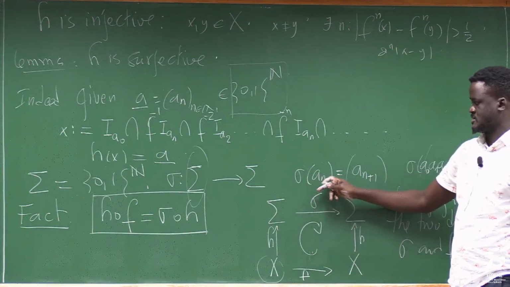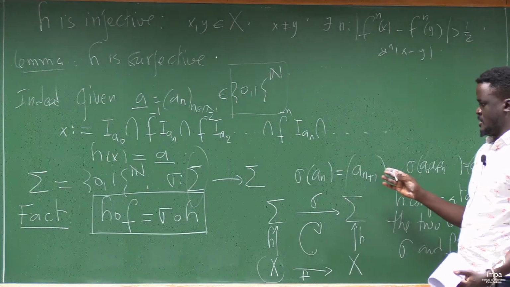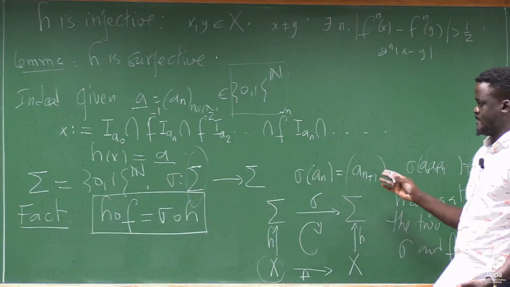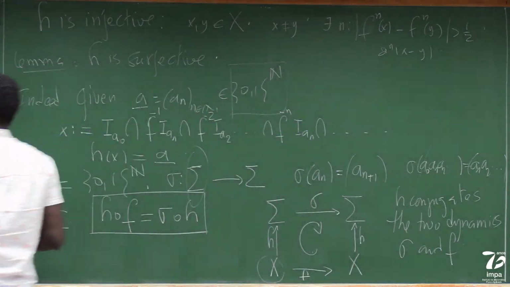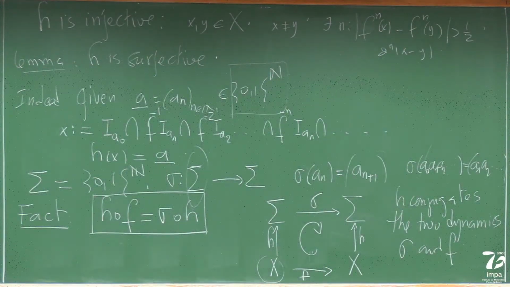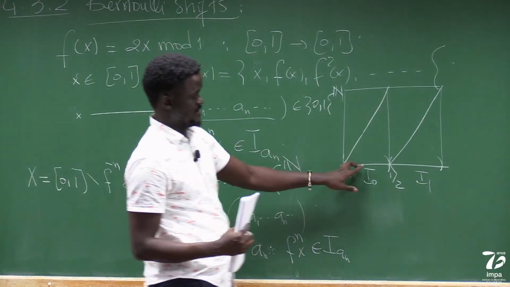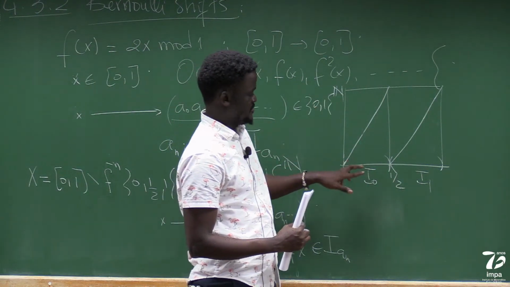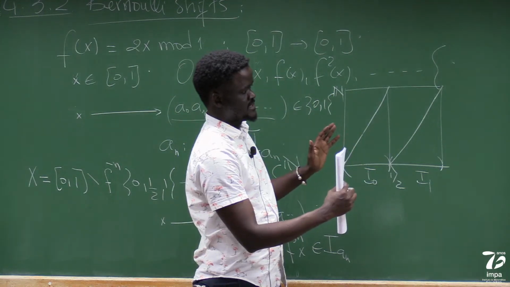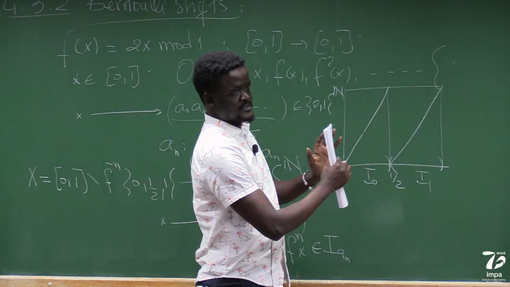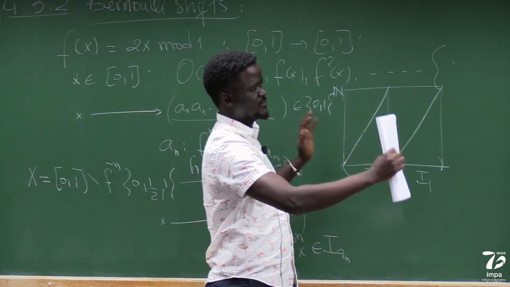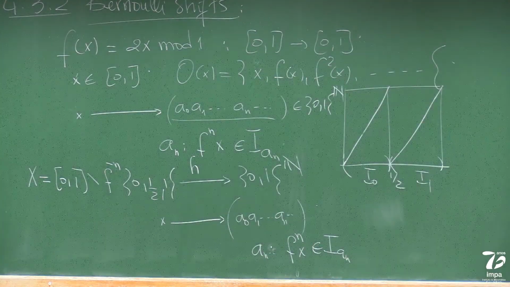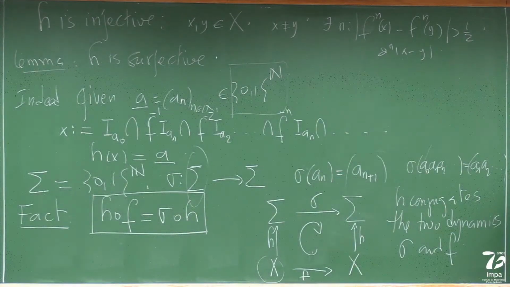Two sequences, like if you have A and B, just looking at this dynamics, 2x mod 1, when two sequences are nearby, that means that their pre-images are nearby. So two sequences nearby means that the first 1,000 or 100 digits coincide, okay? So this is the motivation of the definition of cylinders.